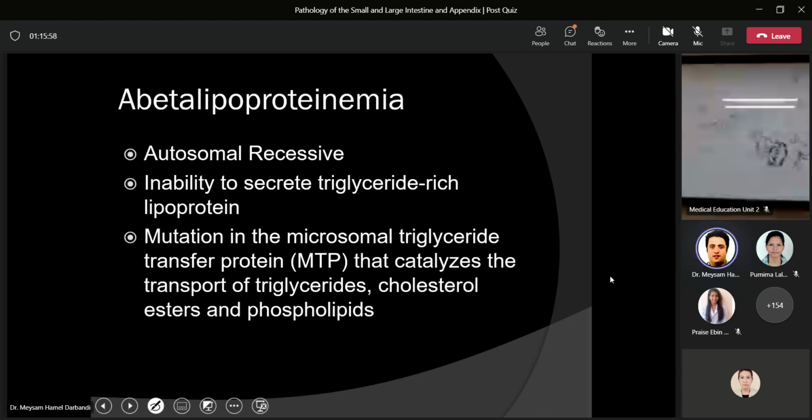Inability to secrete triglyceride-rich lipoproteins. What are those two lipoproteins? One is chylomicron, another one is VLDL. So it is a mutation in the microsomal triacylglyceride transfer protein that catalyzes the transport of triacylglycerol, cholesterol ester, and phospholipid.